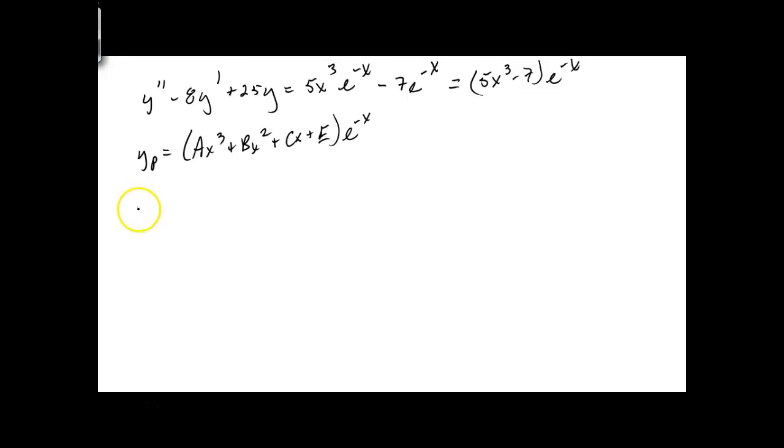Okay, it's going to be a quadratic. It's going to be m squared minus 8m plus 25, which is no way to factor. So that's going to be m is equal to 8 plus or minus square root of 64 minus 100 over 2.